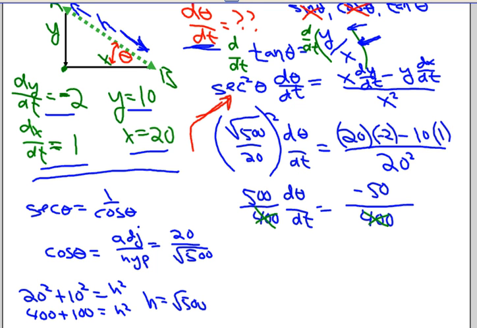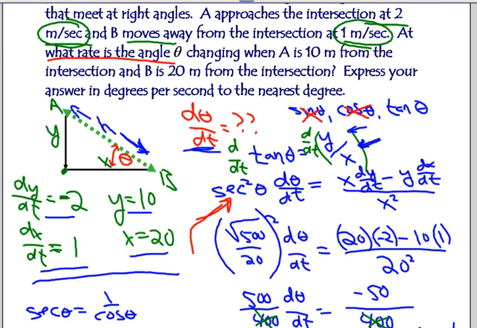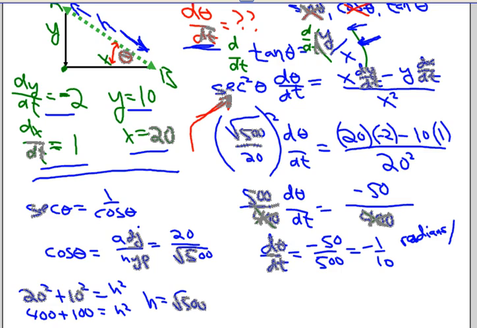And if I divide by 500, d theta dt is going to be negative 1/10, so negative 50 over 500, or negative 1/10. And those units are radians per, I think we're per second here. Let me just double check the per second part of that. So radians per second. So negative 1/10 radians per second.